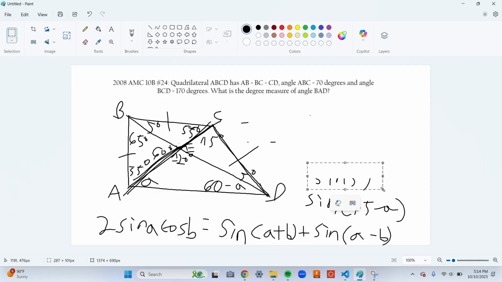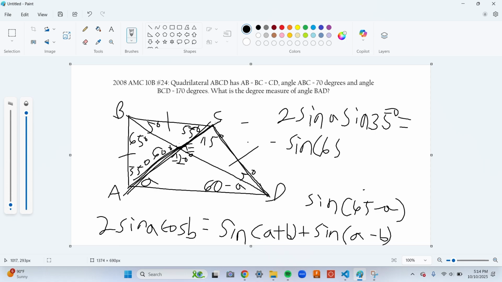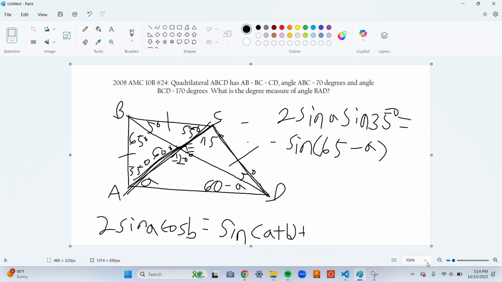So 2 sine a times sine 35 degrees is going to be equal to sine of 65 minus alpha.